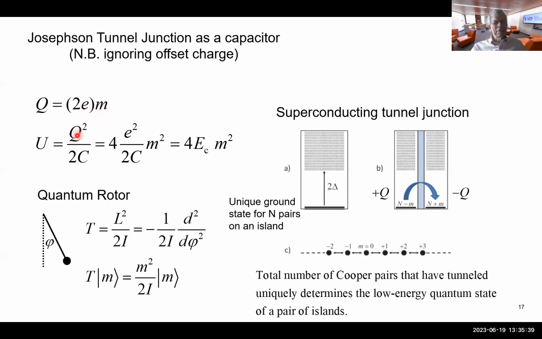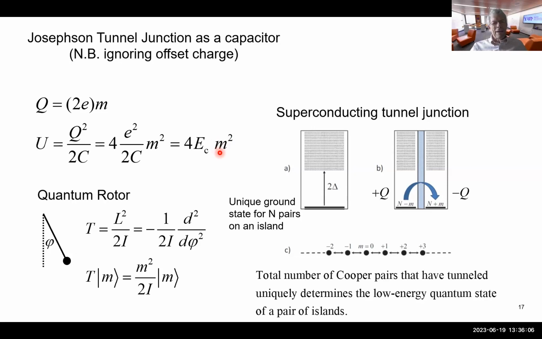And the energy is Q squared over twice the capacitance. And we define EC as the charging energy associated with a single electron. But because we're dealing with Cooper pairs, there's a 4. And that's just a historical thing. So the charging energy is 4 EC times this integer squared.